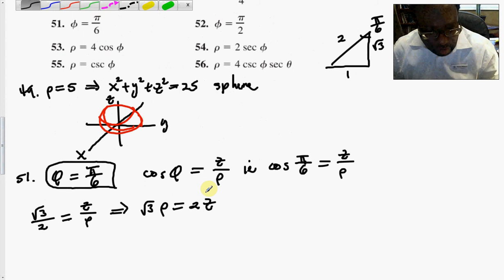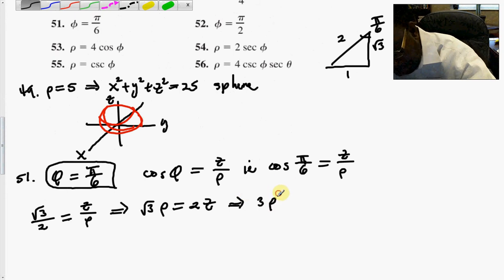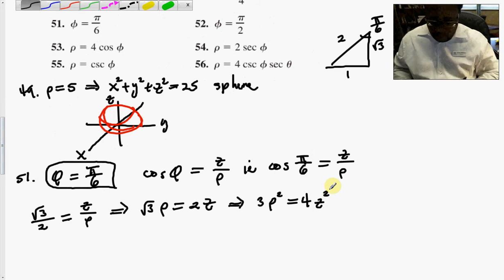Now if we square everything here, it kind of helps us out. So this implies that 3 rho squared is equal to 4 z squared. So rho squared is x squared plus y squared plus z squared.